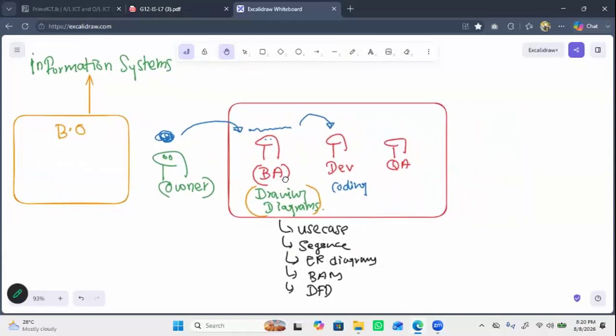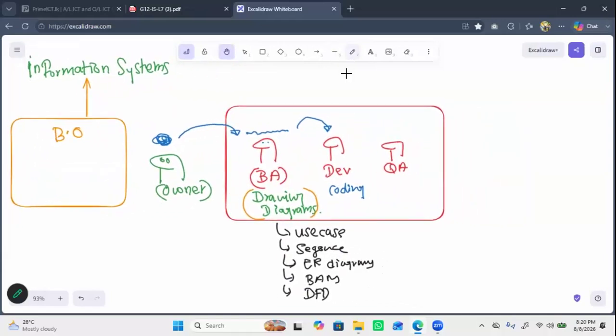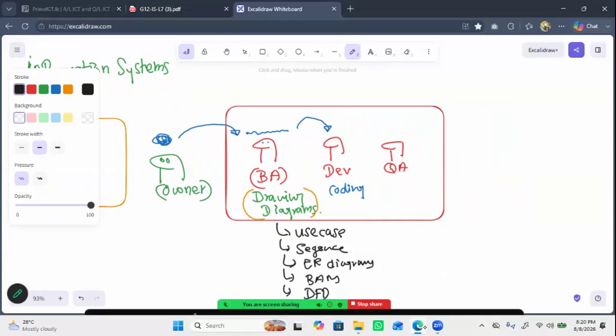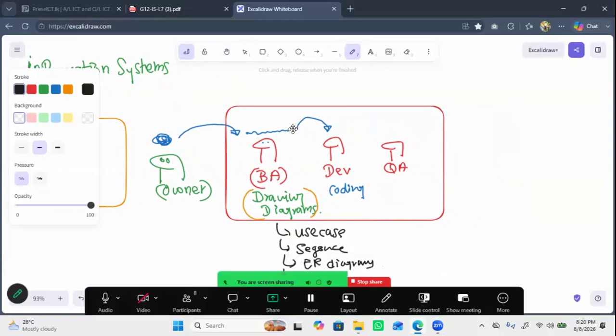Each and every diagram has a specific purpose. The use case diagram shows the user's activity with our system. The sequence diagram shows the steps of how the user does each and every process inside our system. The ER diagram shows the entities inside our system. The business activity model shows the activities running inside our system.